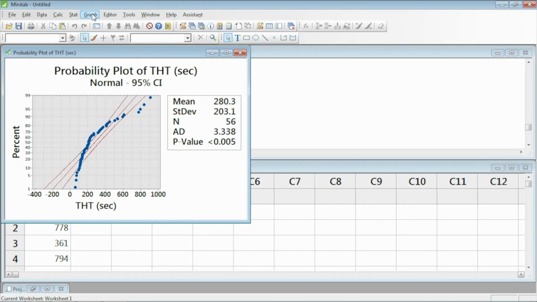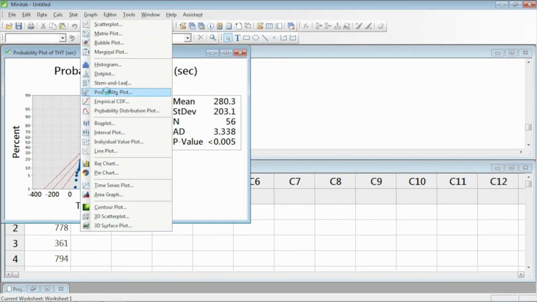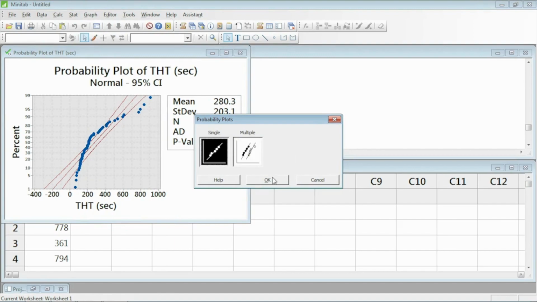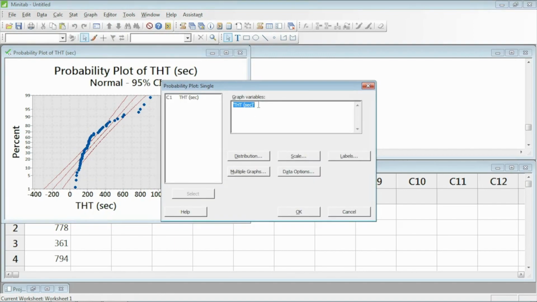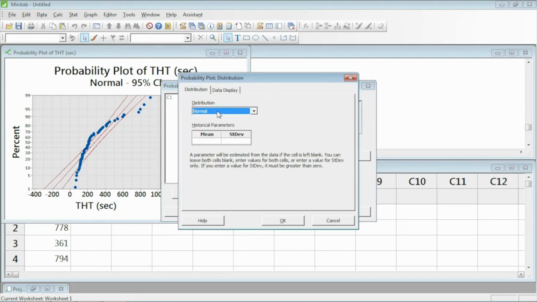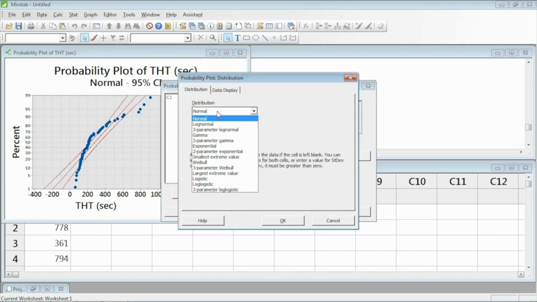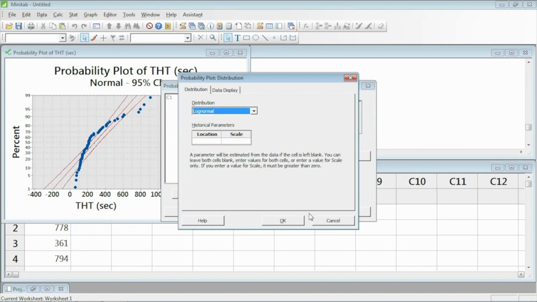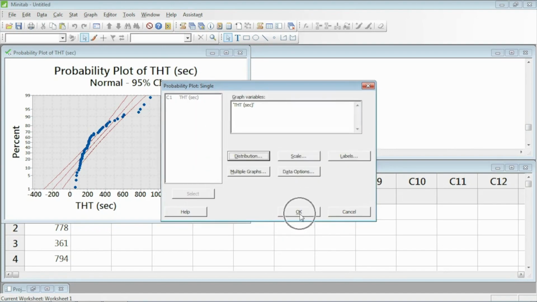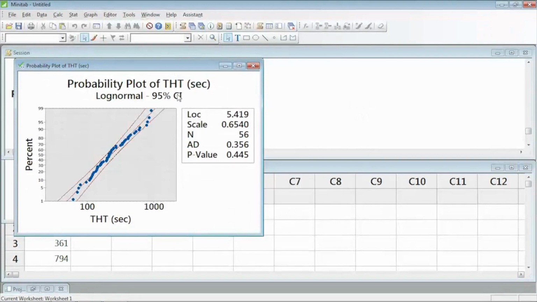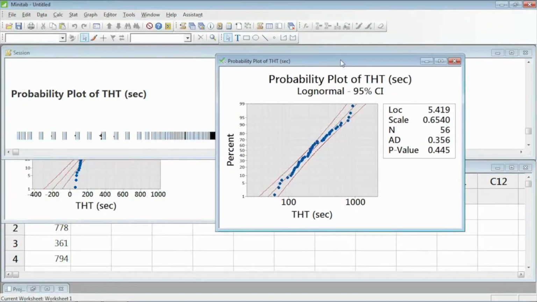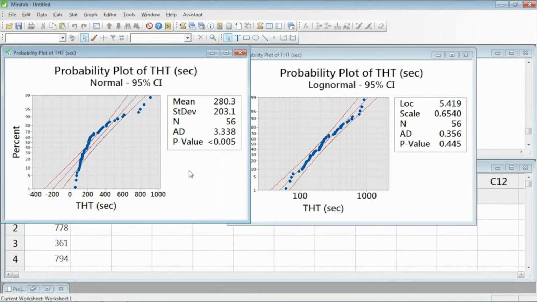So we go back to Graph, you go back to probability plot, single, OK. And we still have total handling time there, but now we go to distribution. And instead of having the default for normal, we select log normal. OK, OK. And we have a second probability plot for the log normal distribution.